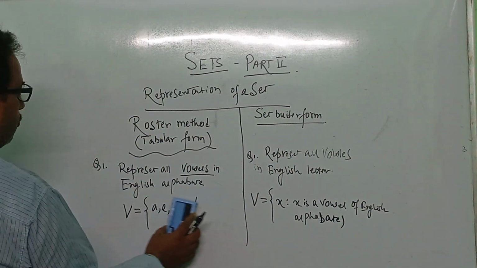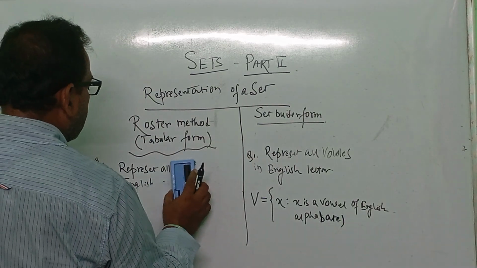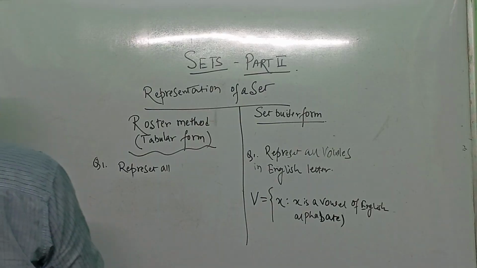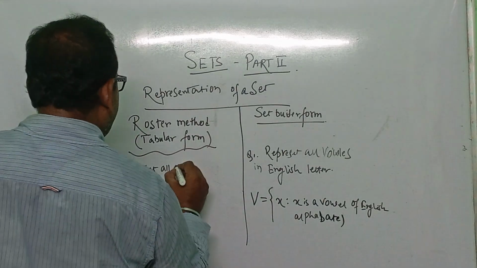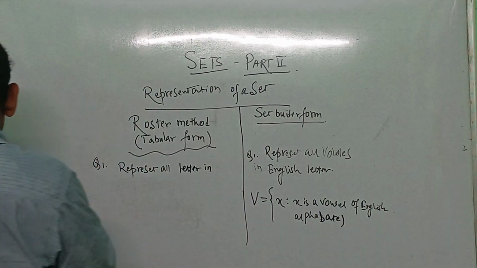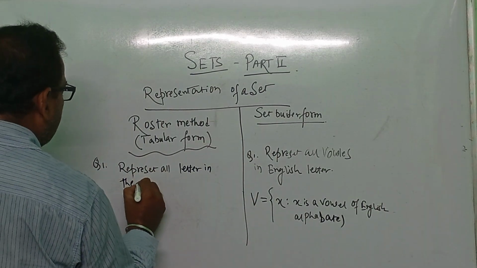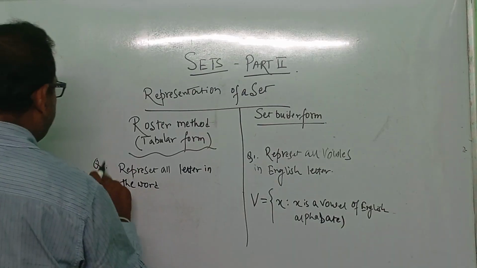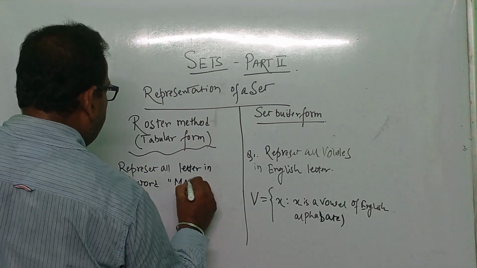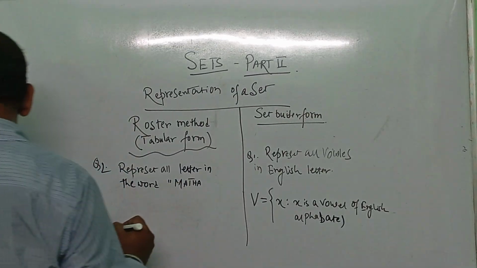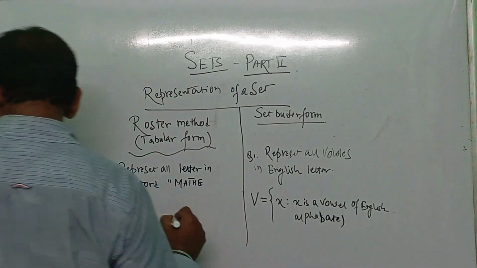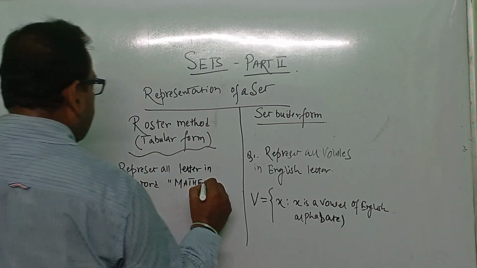Now the question number 2. Represent all letters in the word, let's say MATH method, MATH method, matrix.